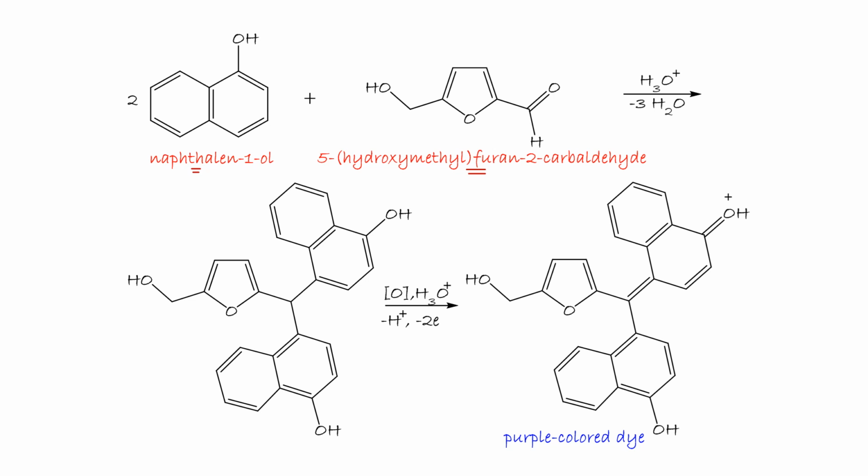So we get these species, which will oxidize, losing 2 electrons, and deprotonate to form a purple color dye.